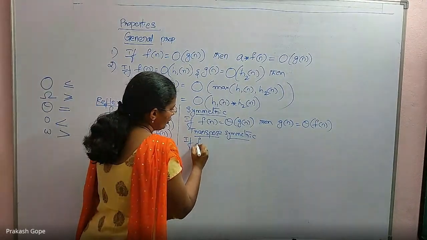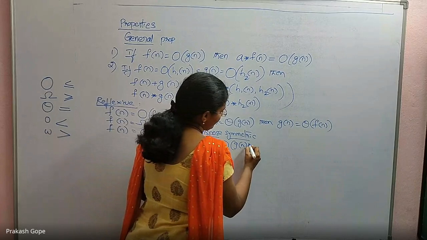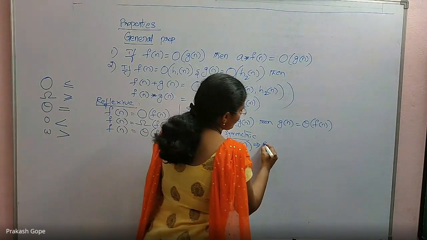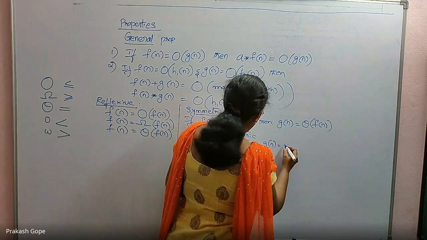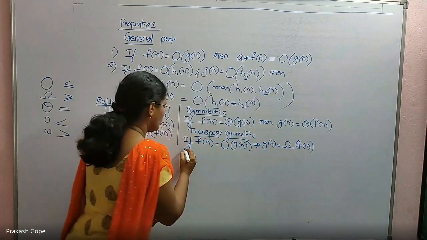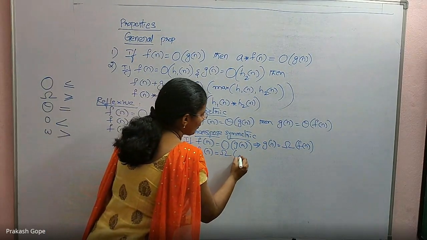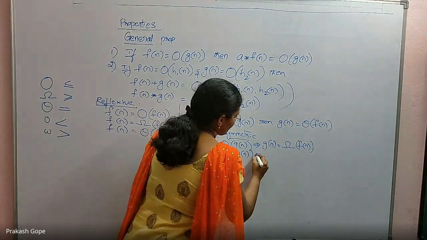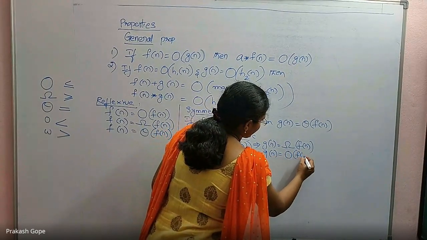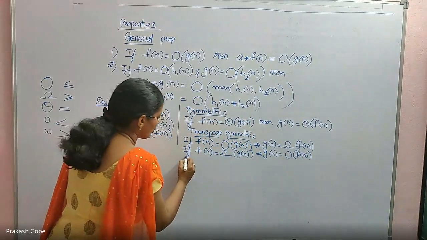If f(n) is equal to big O of g(n), that implies g(n) is equal to big omega of f(n). Similarly, if f(n) is equal to big omega of g(n), that implies g(n) is equal to big O of f(n). So if you interchange them, the relation will also change.